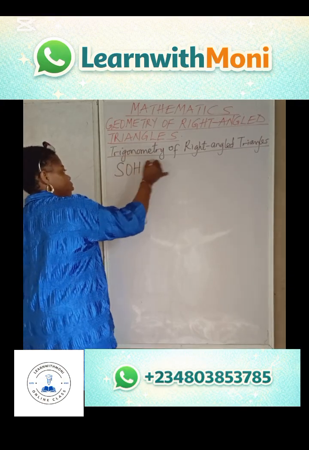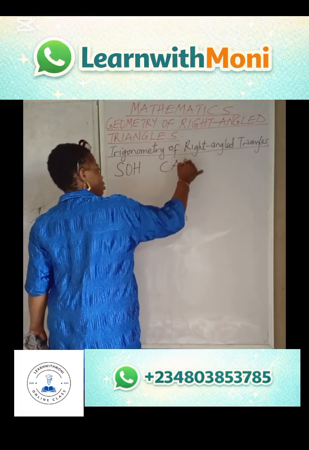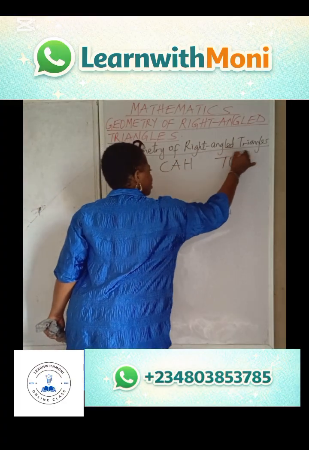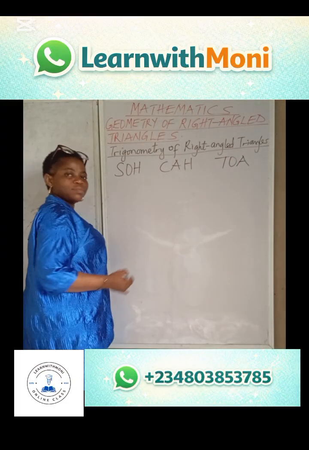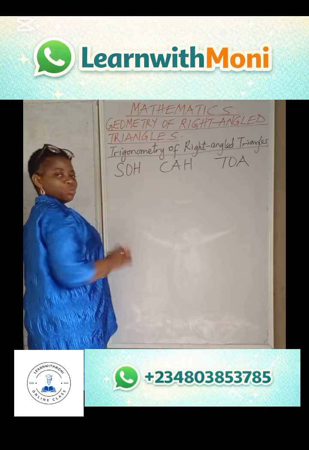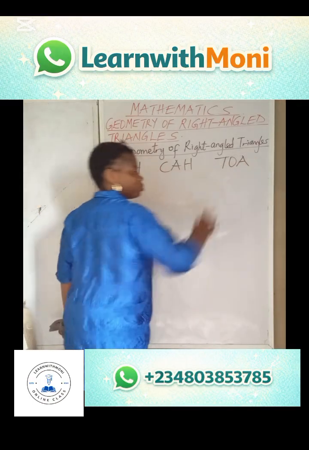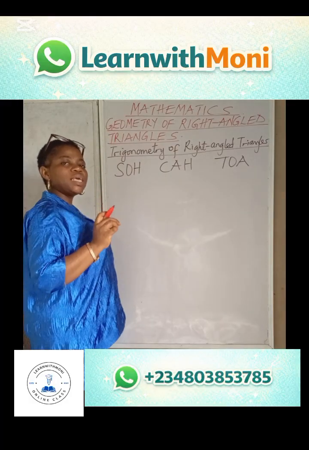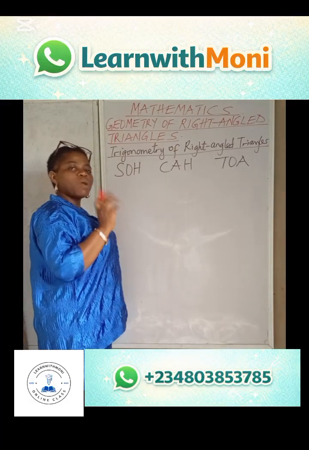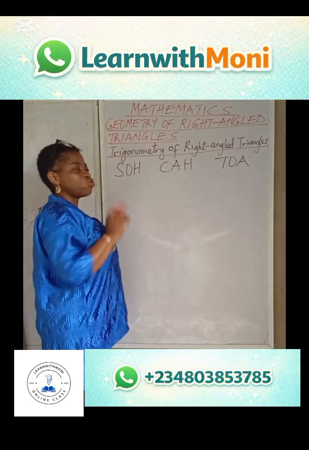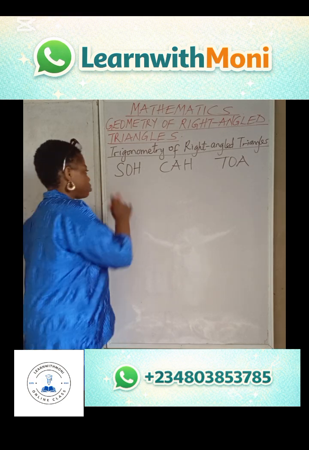So, this is SOH, this is CAH, and this is TOA. Each of them are acronym representing trigonometric ratios.